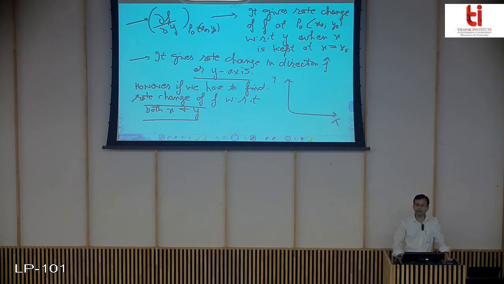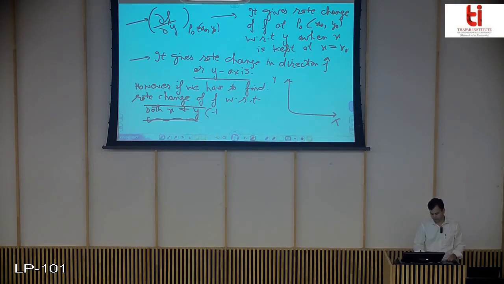Earlier in the partial derivative, we were fixing one of the variables and varying the other variable. Now in the directional derivative, what we are looking for is the rate at which f changes when both x and y are changing, that is, the rate of change of f with respect to both x and y.